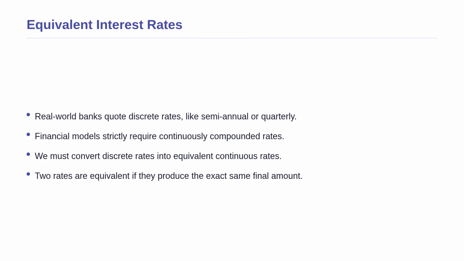Therefore, we must know how to translate a rate measured with a discrete frequency into an equivalent continuously compounded rate. The golden rule here is that two rates are considered equivalent if they produce the exact same final amount of money after the exact same amount of time, starting with the same principal. This ensures apples-to-apples comparisons across the market.